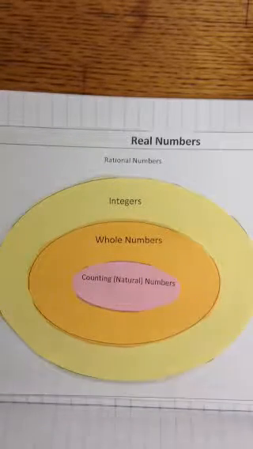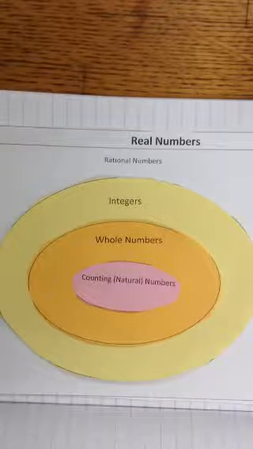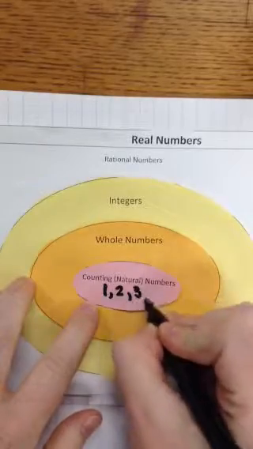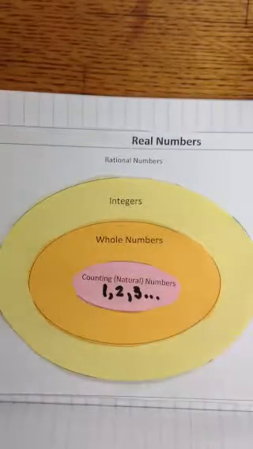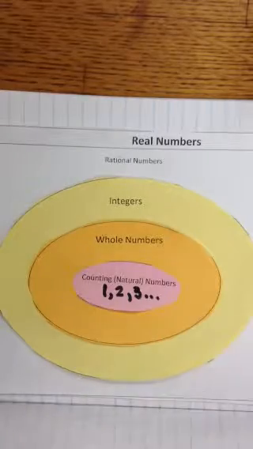The easiest way for me to explain them is to think of whenever you started kindergarten. You started counting with the numbers 1, 2, 3, and so on. So the very smallest set of numbers that we work with is the natural numbers, and it's where you naturally start counting 1, 2, 3, 4.